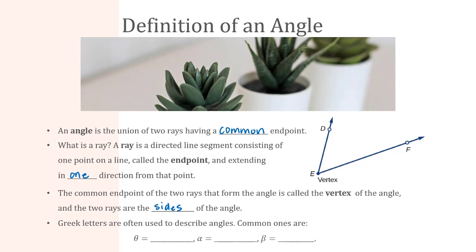So the first one looks like an O with a squiggly line through it. That is the Greek letter theta. The next one I think looks like an A, and it is the Greek letter alpha. And the next one looks like a B, and it is the Greek letter beta. So theta, alpha, and beta.